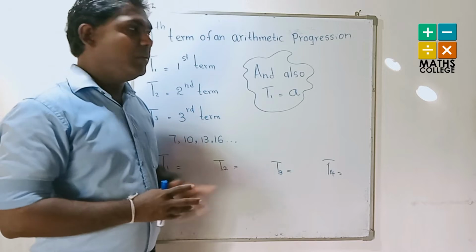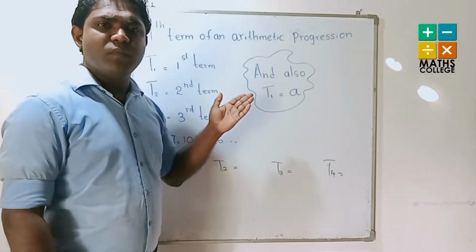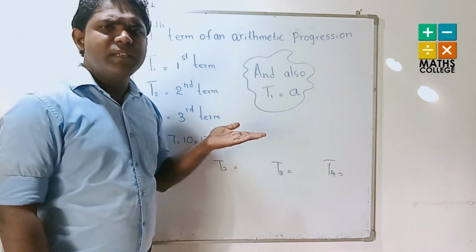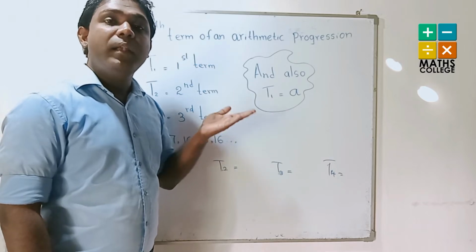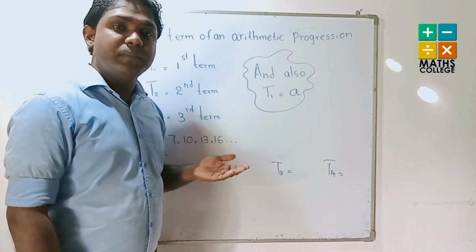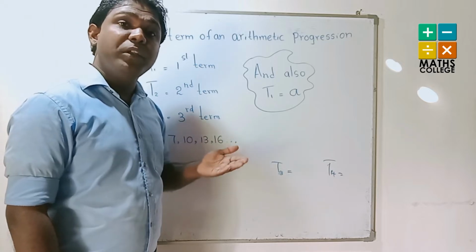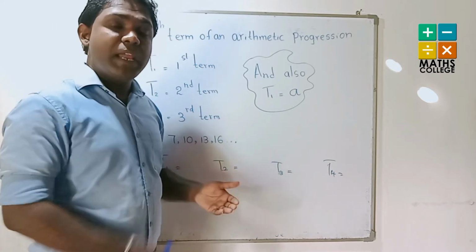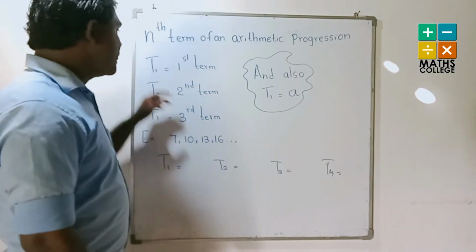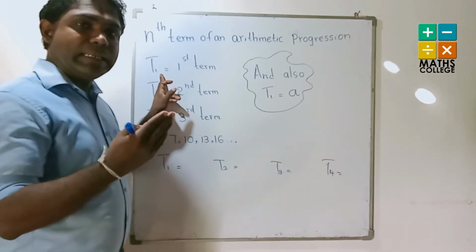Okay, now a new topic: the nth term of an arithmetic progression. What does nth term mean? My dears, nth term means any term of a number pattern: the first term, second term, 10th term, 100th term, 141st term, like that. Any term. We symbolize the first term as T1. Why T?